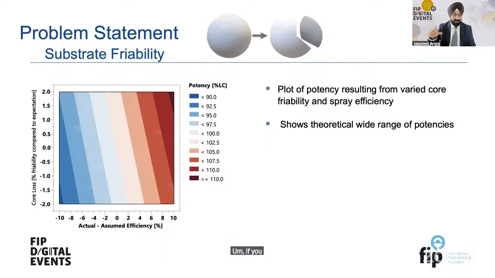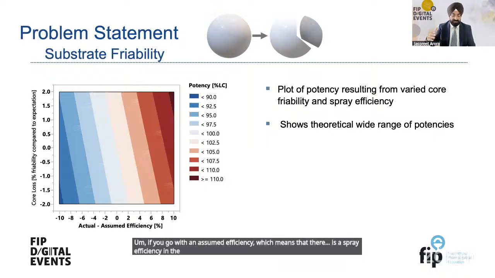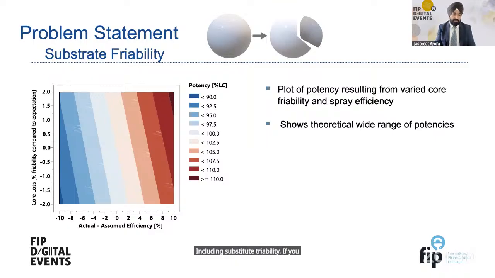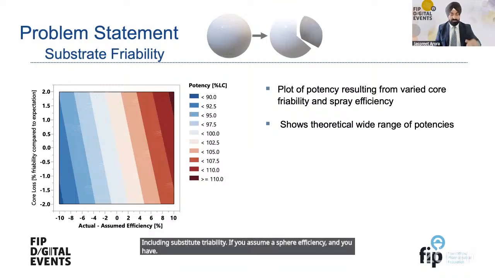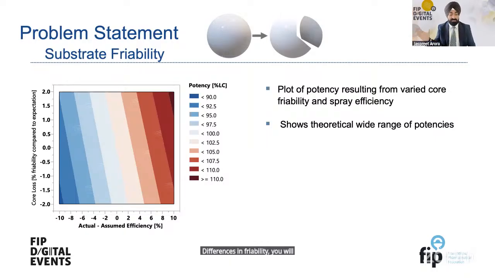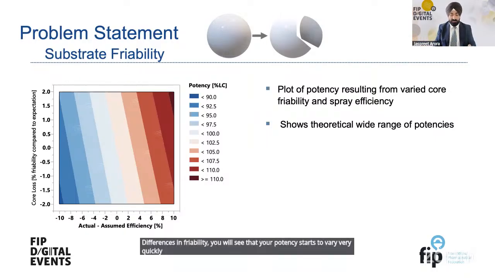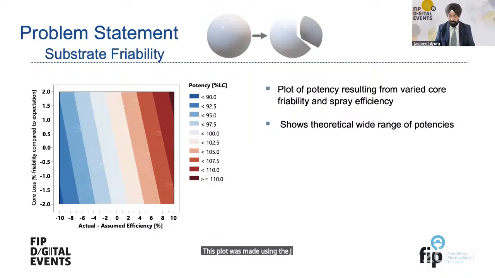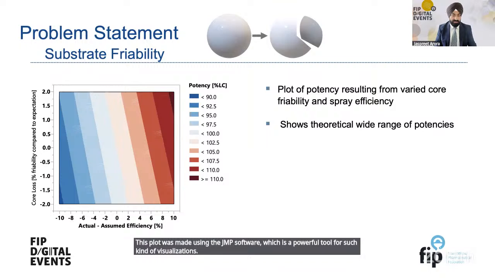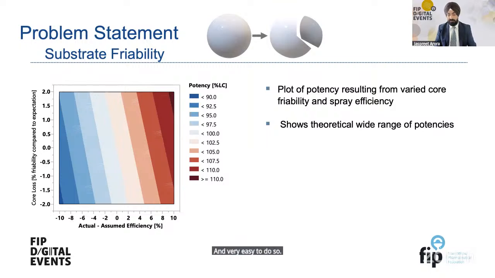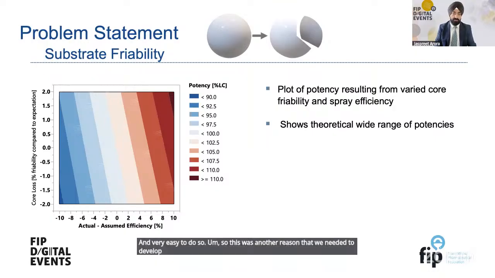If you go with an assumed efficiency, which means that there is a spray efficiency in the process, which has various variables, including substrate friability. If you assume a spray efficiency and you have differences in friability, you will see that your potency starts to vary very quickly. This plot was made using the JMP software, which is a powerful tool for such kind of visualizations and very easy to do so. So this was another reason that we needed to develop a PAT tool to help circumvent that.